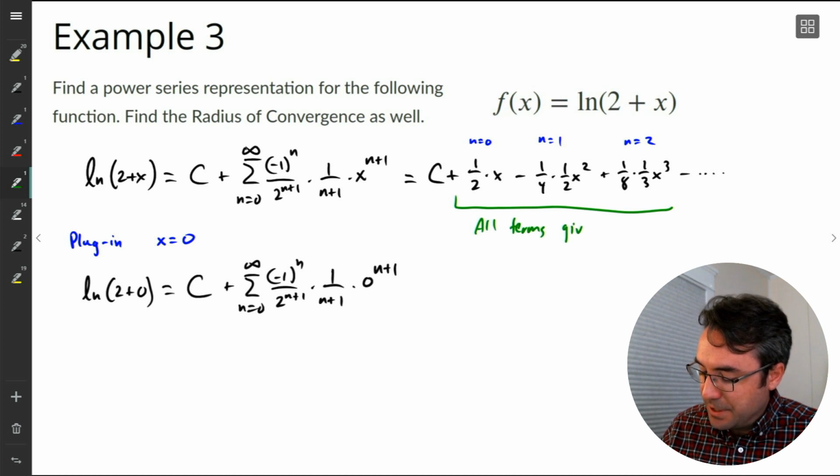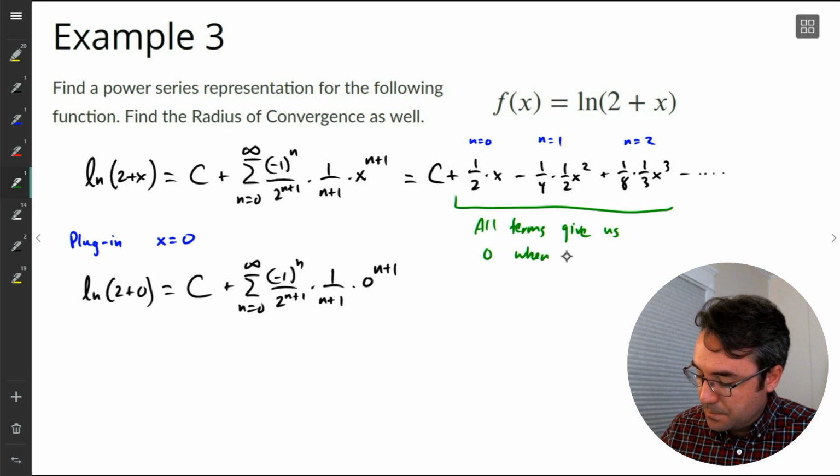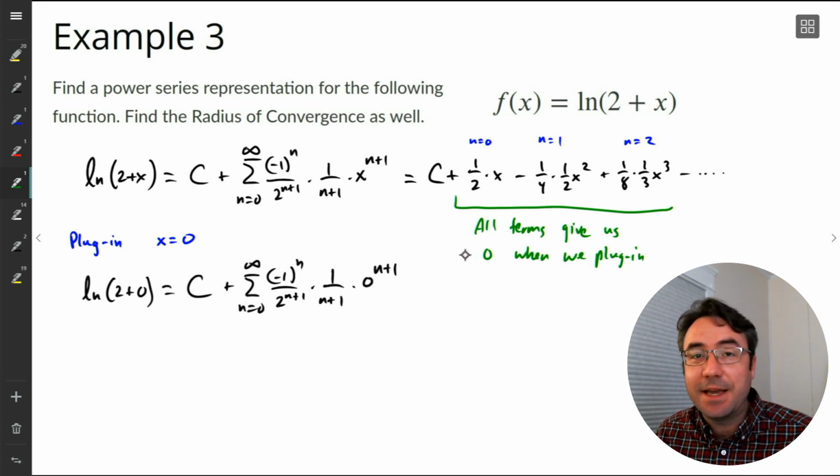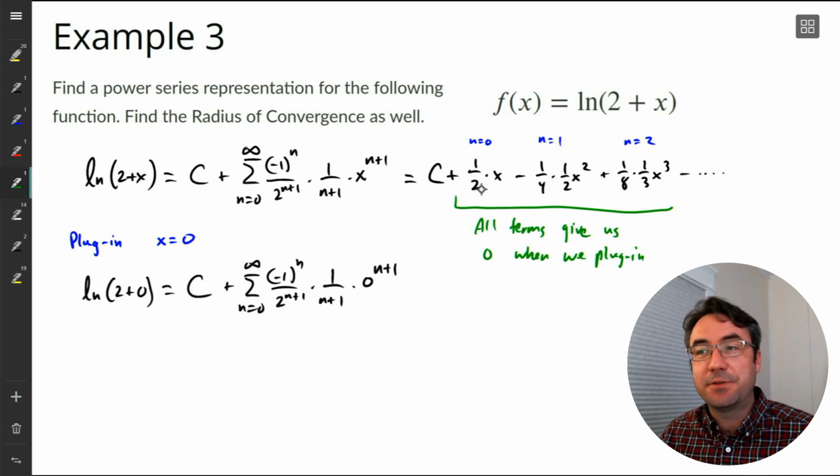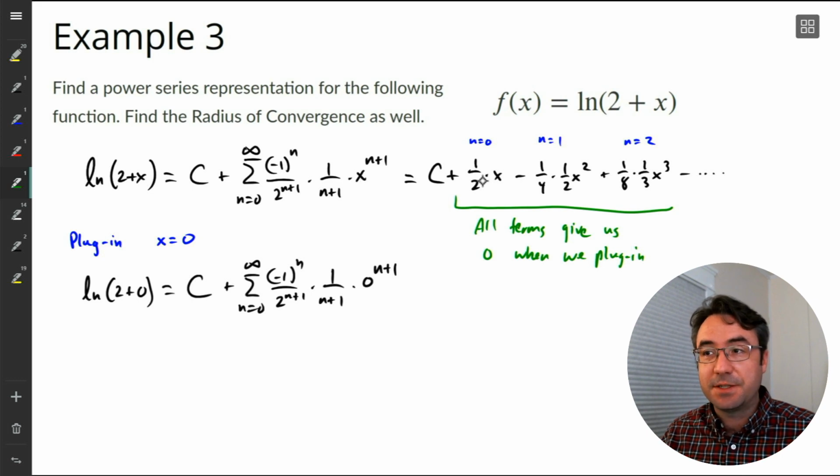So all terms are going to give us 0. Again, that's not always the case. There are power series out there where you might start with just a constant that doesn't have an x. So when you plug x equals 0 in, that will still have a contribution. But for this specific example, every single term of our power series here has an x in it.